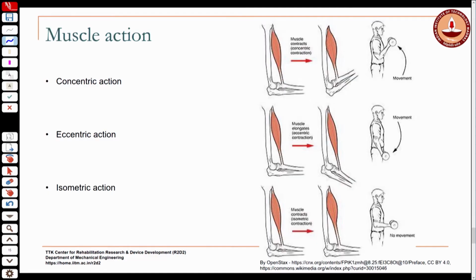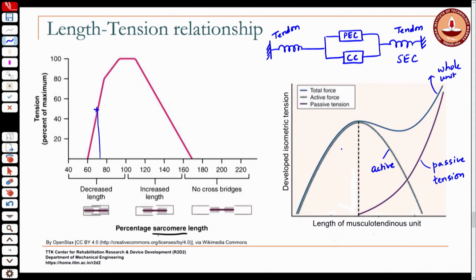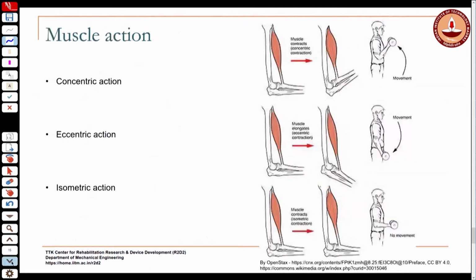Okay. So, moving on, to the types of muscle action that we take. In these cases, when you say it is at a particular length and then you activate it, I use the term isometric, where the length stays constant.